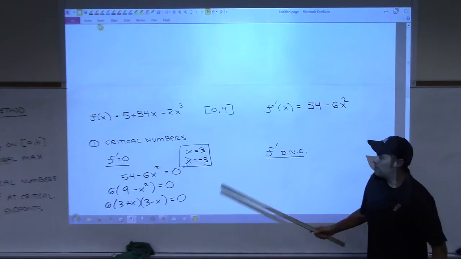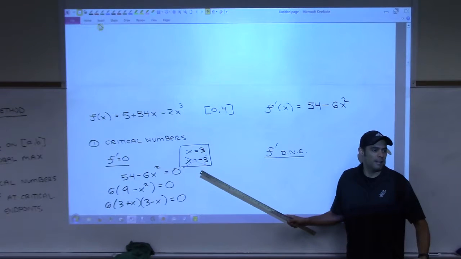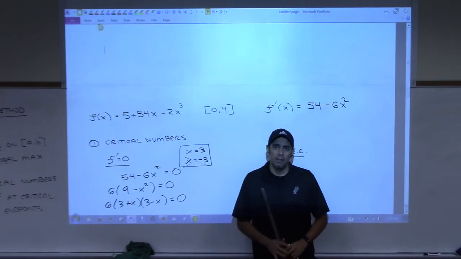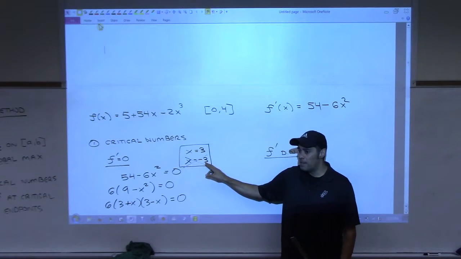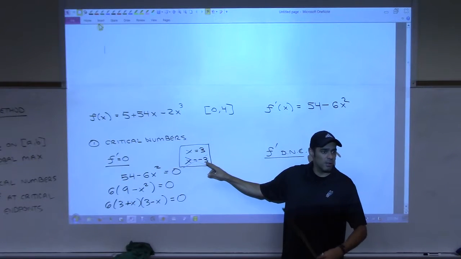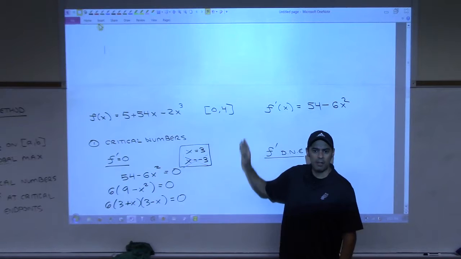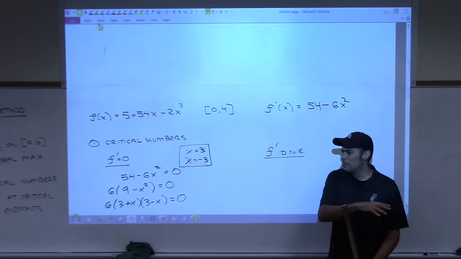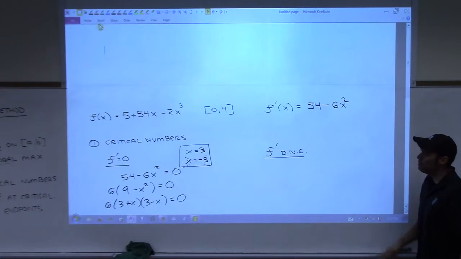The danger is if you don't remember to do that, then later when you plug these in, in step 2, if this turns out to be the biggest number and you say that's your answer, well, that wasn't even in the interval. You were looking outside that window of the function. So make sure you do that at some point.